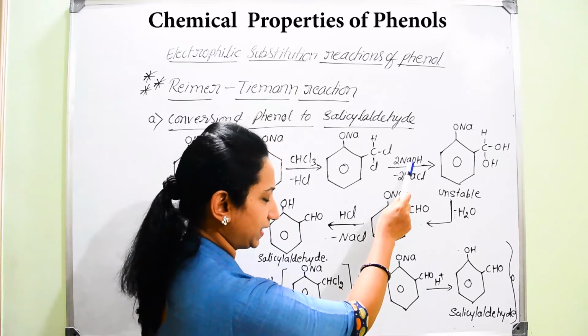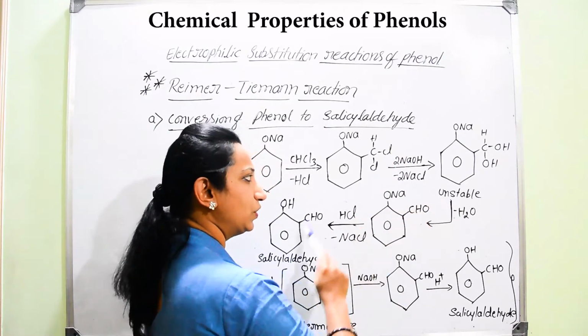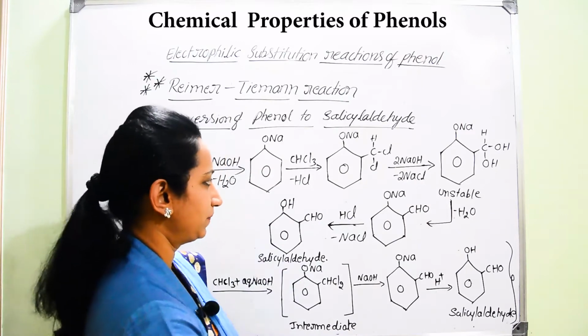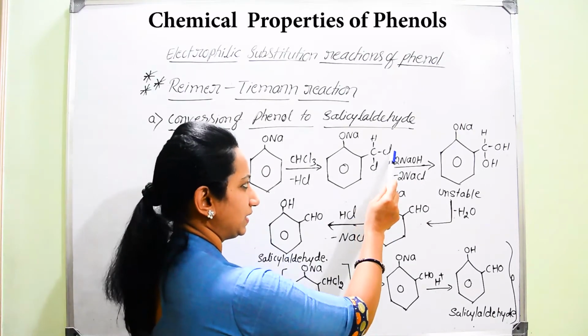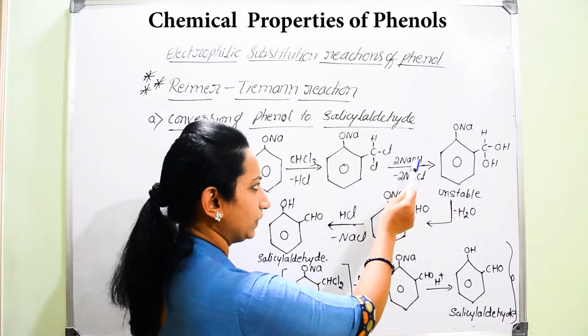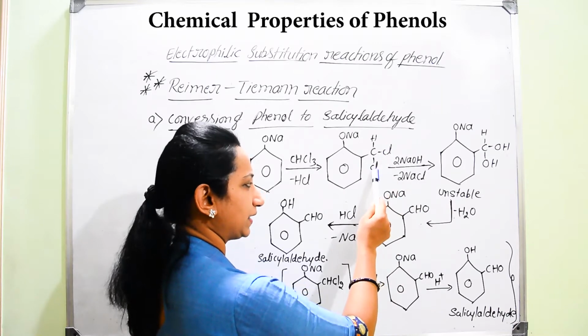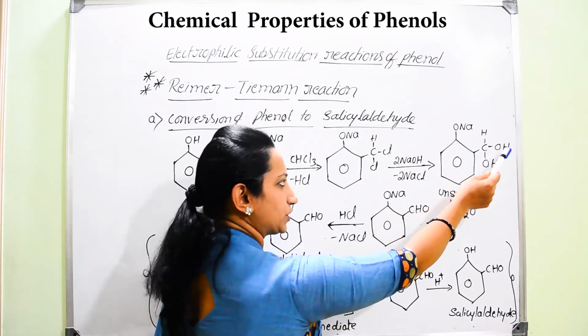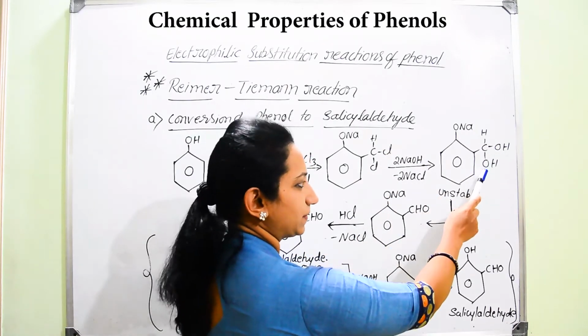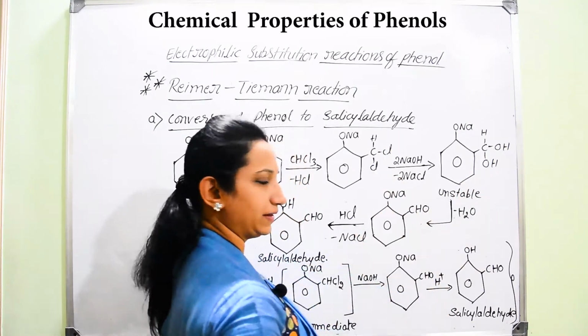Once Na interacts with the Cl, you get the removal of 2 NaCl molecules. Once these Cl atoms are removed in the form of NaCl, there is attachment of OH groups. Cl atoms are replaced by OH groups, so you get substitution of OH groups in place of Cl.